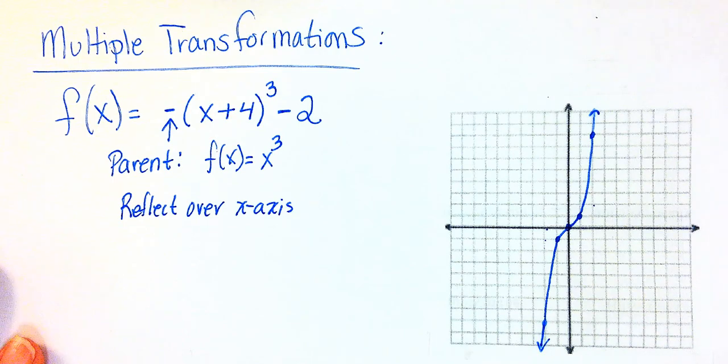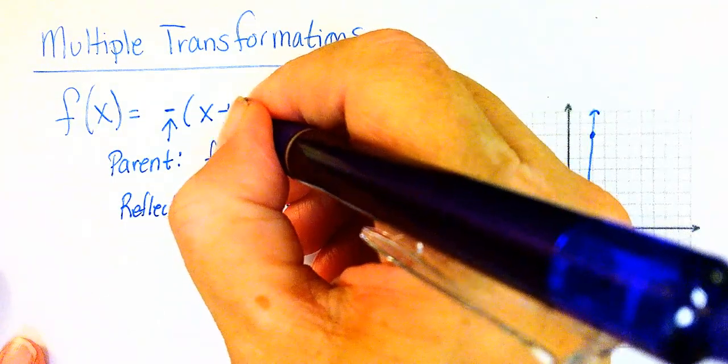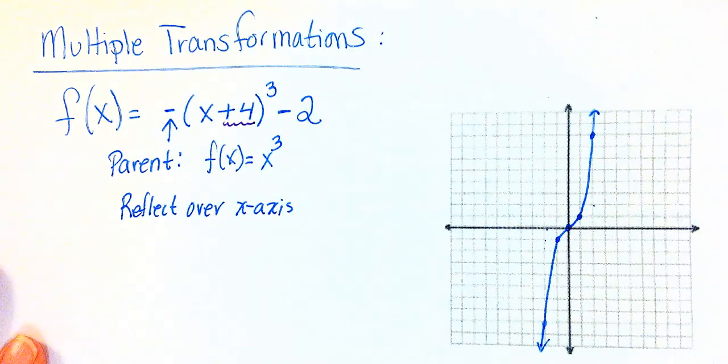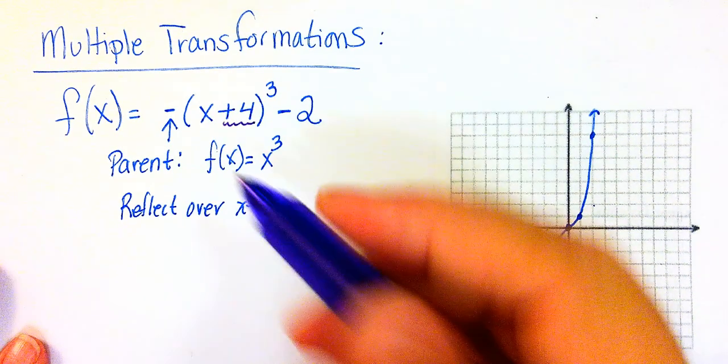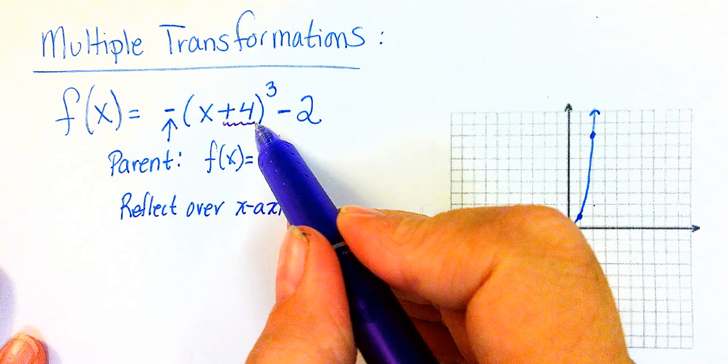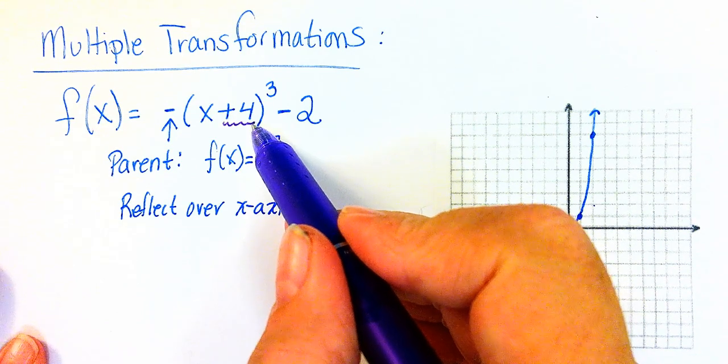Our next transformation happens here with this +4, the positive 4 that's happening inside those parentheses. That positive 4 is inside, so we're doing the opposite of what we think, inside opposite. If this is a positive 4, we're going to change the sign and make it negative.